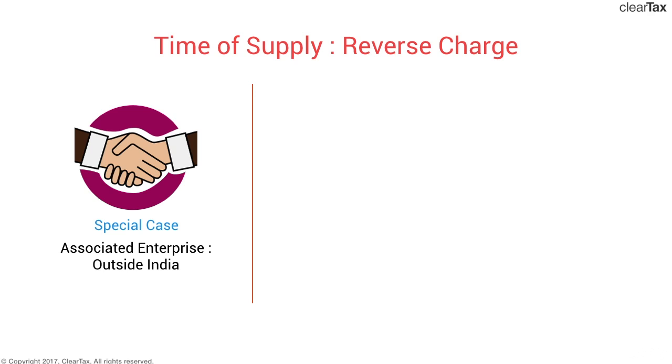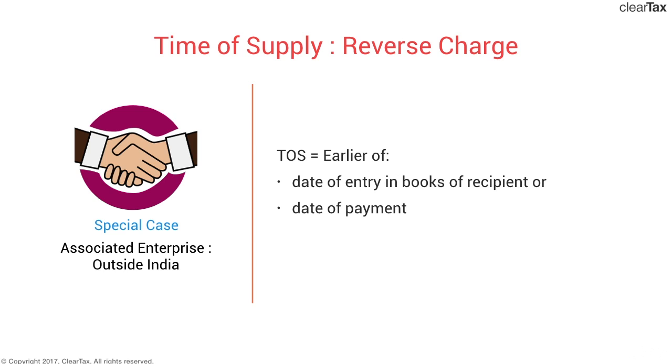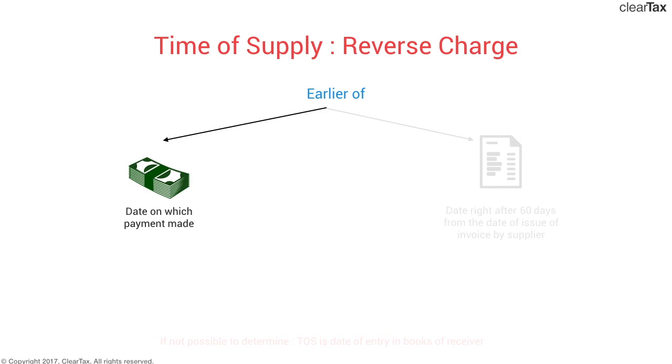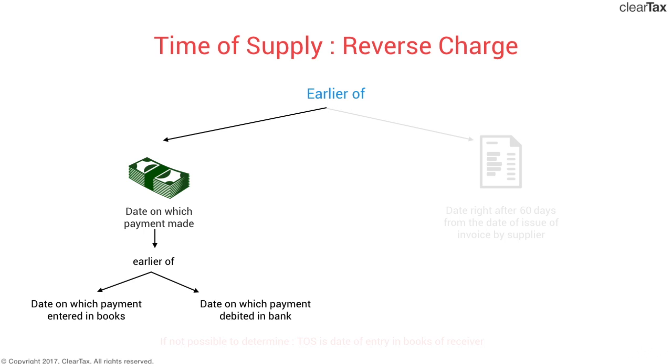If there are services supplied to associated enterprises outside India, then the time of supply would be the earlier of the date of entry in the books of the recipient or the date of payment, rather than the date of issue of invoice. That's a slight change, but generally it's the date on which payment is made or 60 days from the date of invoice. As always, the date of payment would be the earlier of entered in books or payment debited from the bank account.